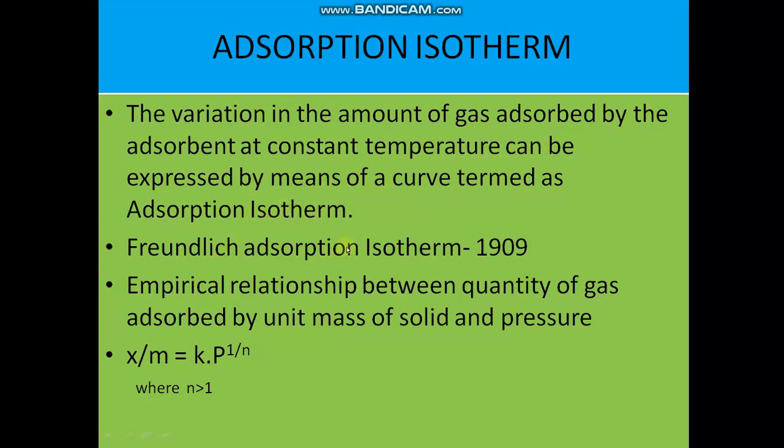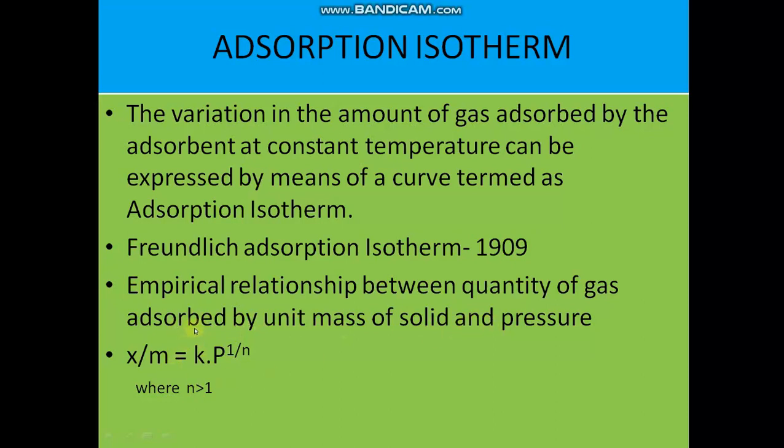Basically we are learning here Freundlich adsorption isotherm. Freundlich adsorption isotherm was given by Freundlich in 1909. He had suggested an empirical relationship between the quantity of gas adsorbed by unit mass of solid and pressure.